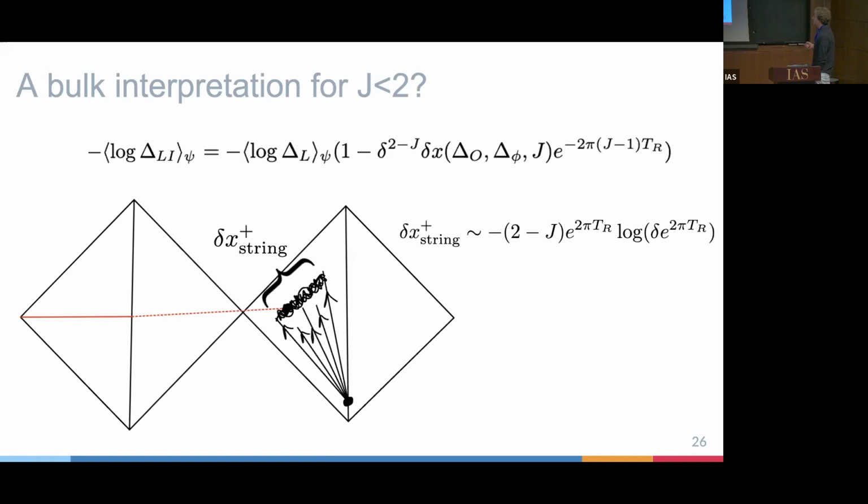In particular, in previous works on longitudinal string spreading, as you threw the string in earlier and earlier, the length contraction and the spreading effect actually canceled each other. The string just stops changing in size. Here, however, because this is an e to the 2 pi tr times a log, the length contraction effect actually wins out.